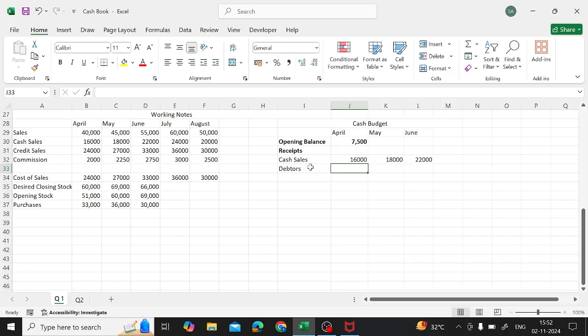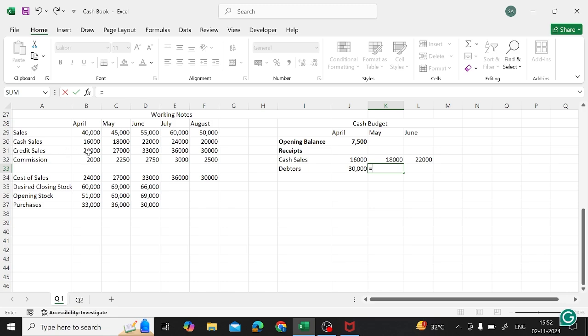Now cash collected from debtors. Credit sales are collected in the next month. In the month of April, you have been given the opening balance of the debtors as 30,000, so in April you will collect 30,000. In the month of May, you will collect the credit sales of April, and so on.